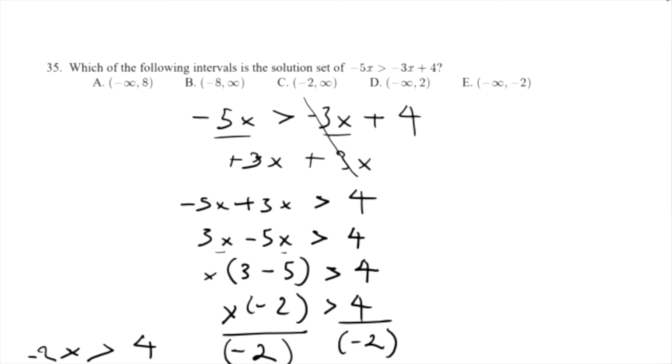This one is saying we're going from negative 2 to the positive, and this one is saying we're going from 2 negative, and this is our answer, because we are going from negative 2 on the number line and onwards.